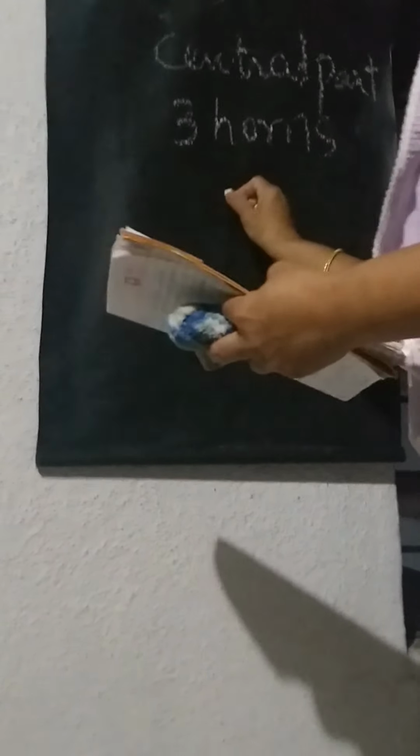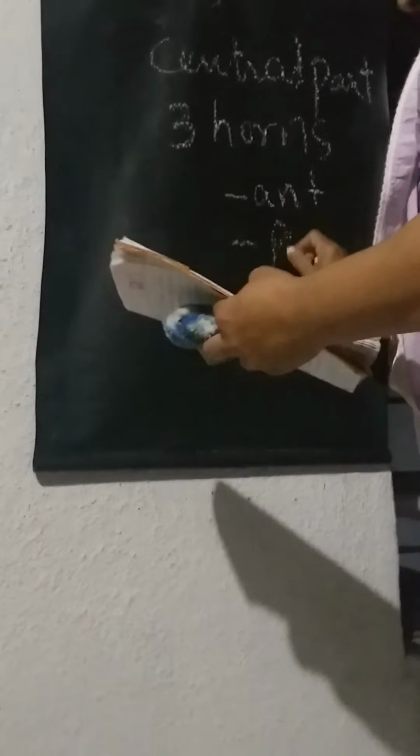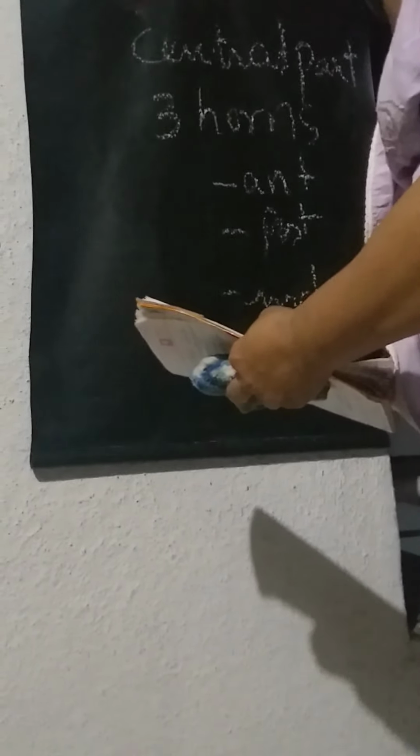The three horns are the anterior horn, the posterior horn, and the inferior horn. So these are the parts of the lateral ventricle: a central part and three horns, the anterior horn, the posterior horn, and the inferior horn.